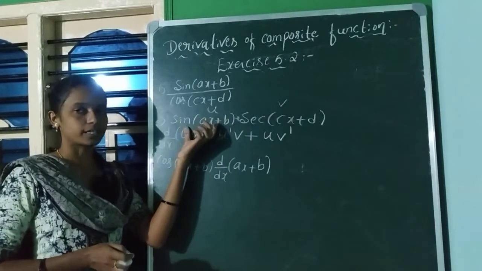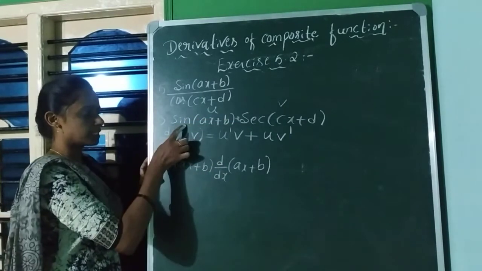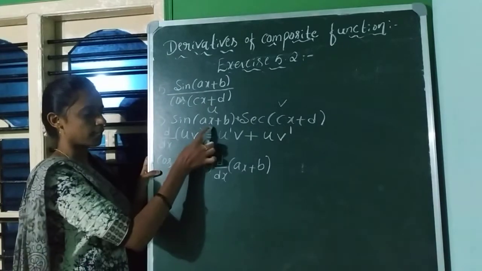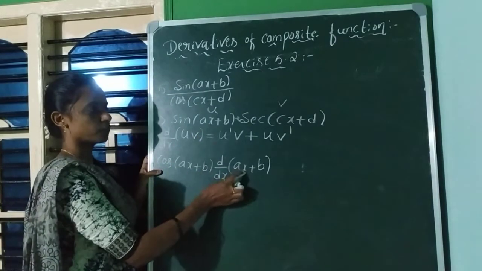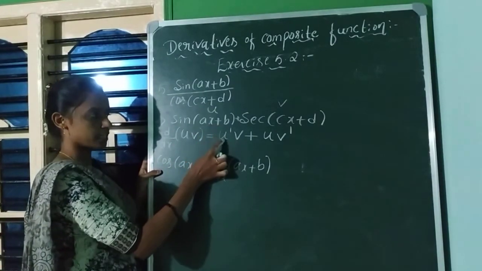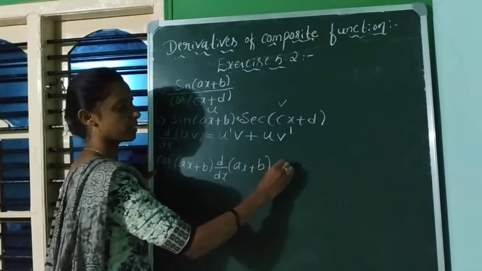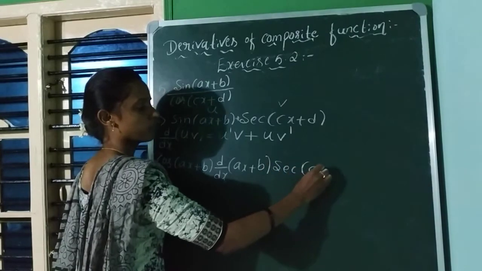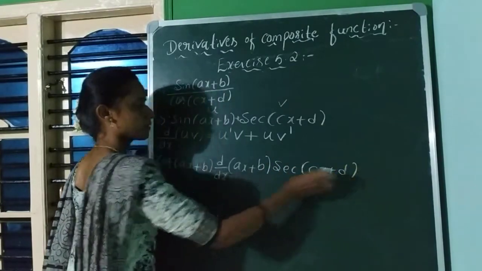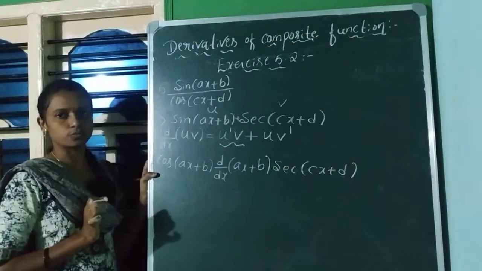So you have to apply the composite rule. Sine derivative is cos, inner term, times the derivative of this inner term. That is u dash. Now you need to write v, which is secant of cx plus d. This is only these two.